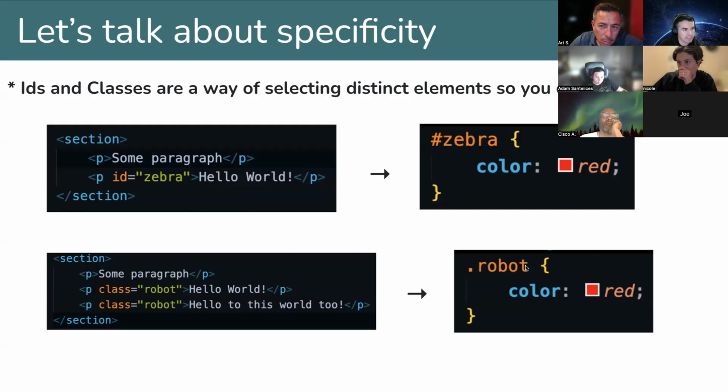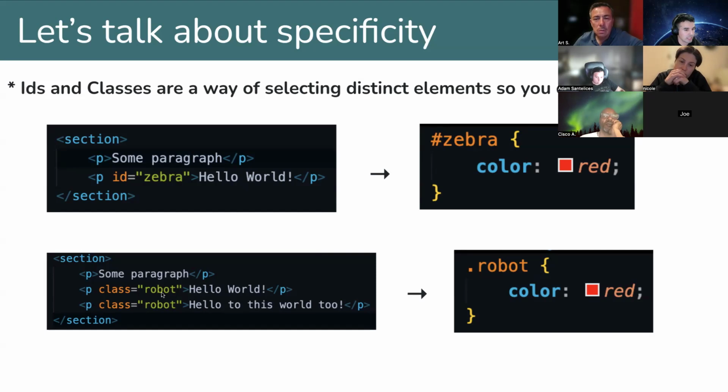But I could have, if I needed to overwrite something and it wasn't the right number of specificity points. That's why you always have to be really careful with IDs because they're 100 points and it's going to be hard to overwrite. But let's say I had right here robot, it's a class. That's 10 points, right? But if I needed one of those paragraphs to be slightly different further down the sheet, I could do section in front of this robot, to give it one more point, in which case it will overwrite.